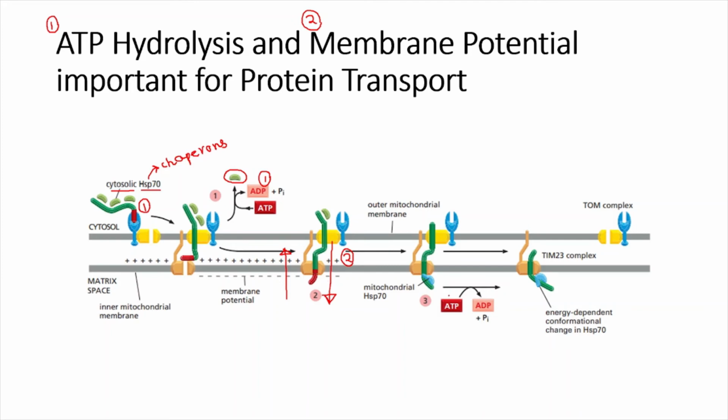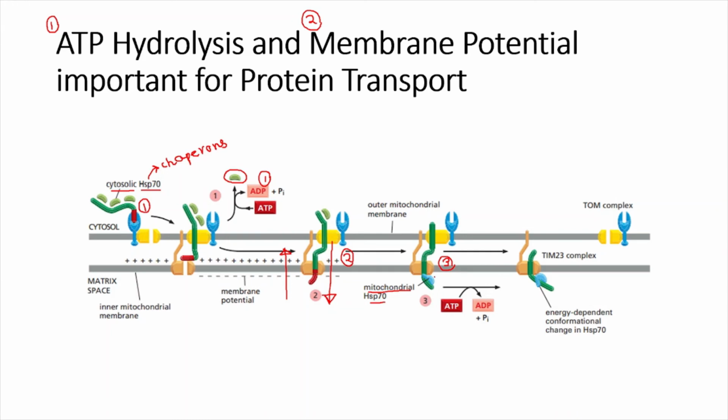Alright, so as soon as the protein is destined to be released within the inner mitochondrial membrane, immediately mitochondrial HSP70 attaches to it, the reason being the same as before, to keep it in the unfolded state before it is utilized by the mitochondria.